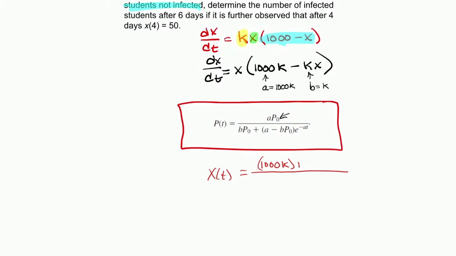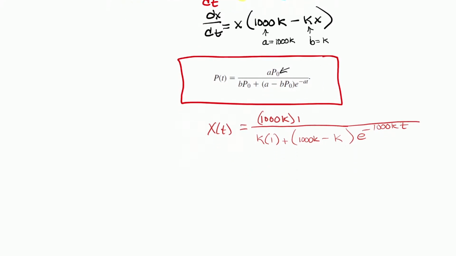And then on the bottom I have b, that's k, times 1, plus, in parentheses, a minus b times p0. Wait, what was b again? B is k. Times e to the negative a times t. Sorry, I keep having to look. There, so there's my solution.